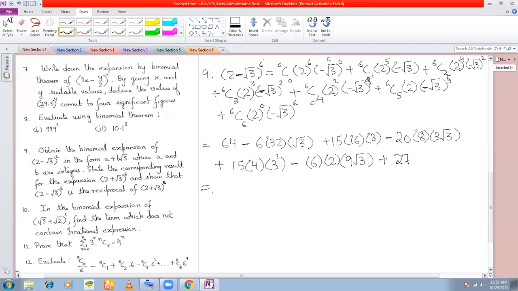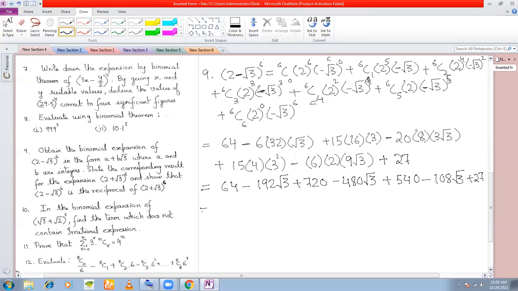Okay, so we'll now simplify this. This will get 64 minus 192 root 3 plus 720 minus 480 root 3 plus 540 minus 108 root 3 plus 27.